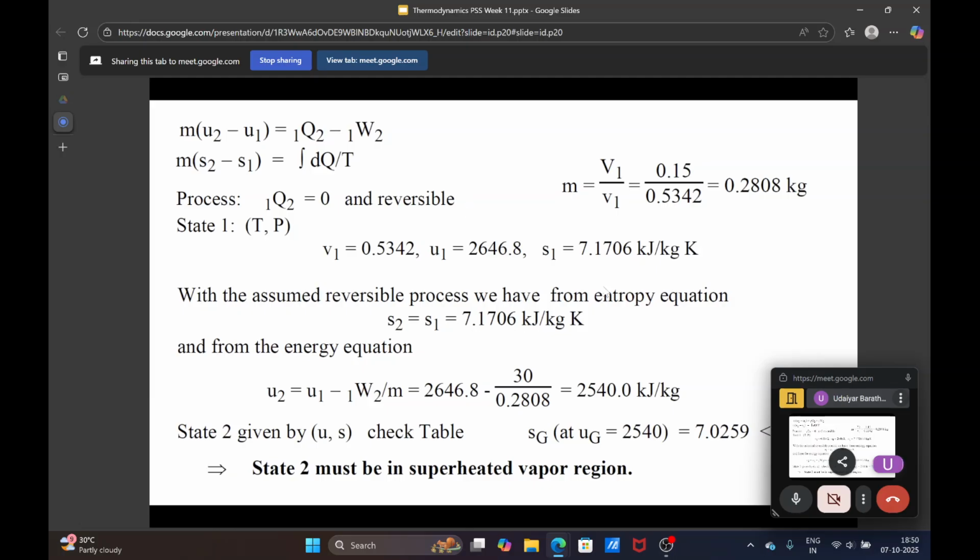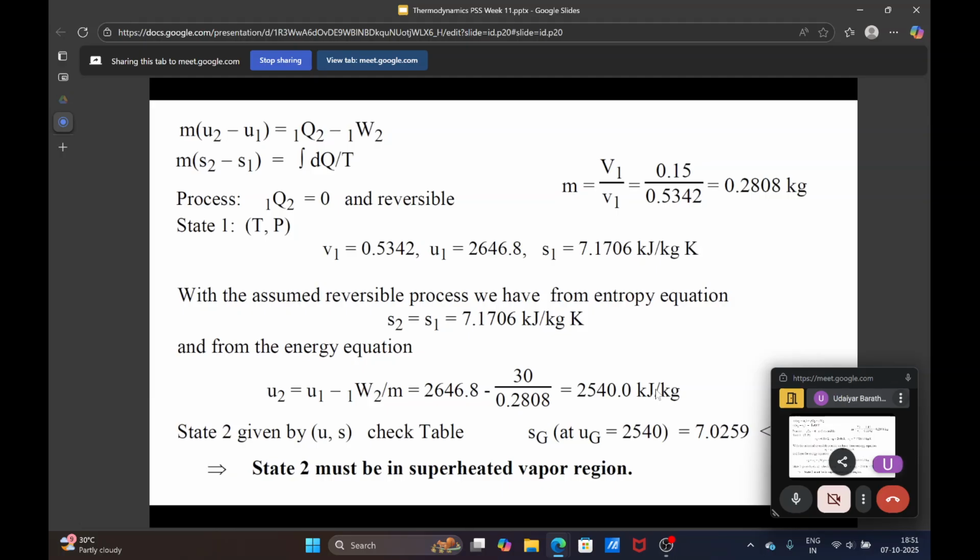So S2 is equal to 7.1706 kilojoule per kg Kelvin. Substituting the internal energy and work done in the energy equation, U2 equals U1 minus W by m, which is 2646.8 minus 30 by 0.2808. This comes out to be U2 is 2540.0 kilojoule per kg.